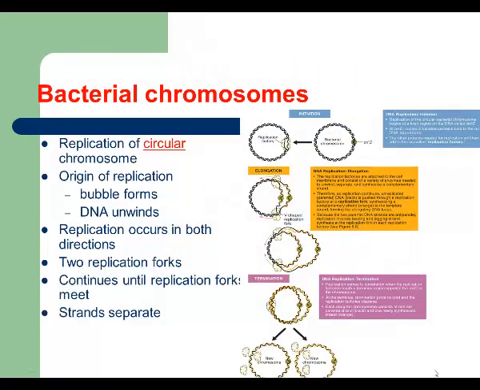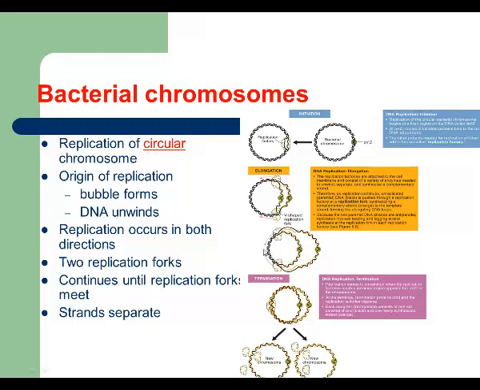Because bacterial chromosomes are circular chromosomes, after the bubble is formed, replication forks will move in two opposite directions. And then elongation, the step of replication, continues in opposite directions until the replication forks meet at a certain point.